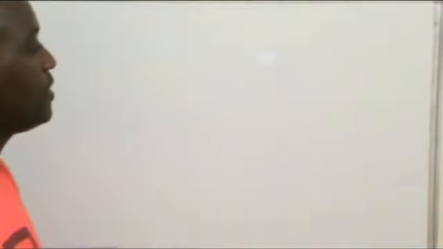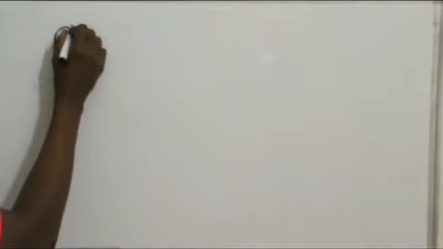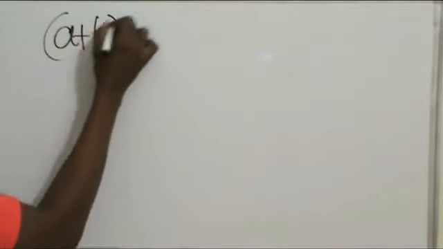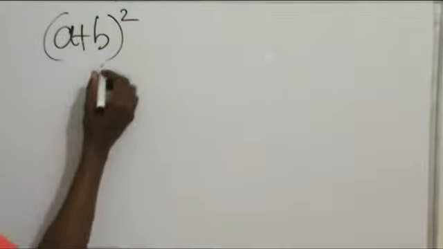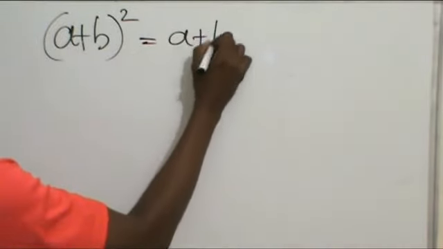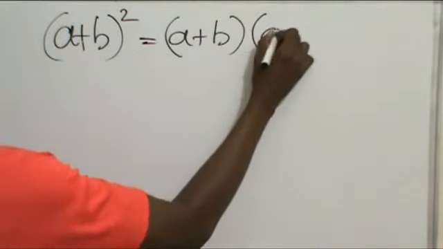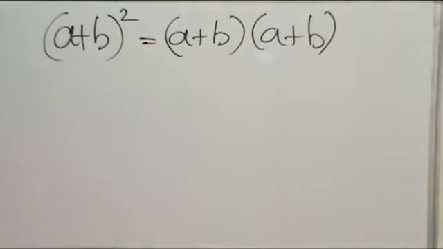So first thing we're going to look at is the expansion of, let us say, a plus b all squared. A plus b all squared is the same thing as a plus b multiplied by a plus b.